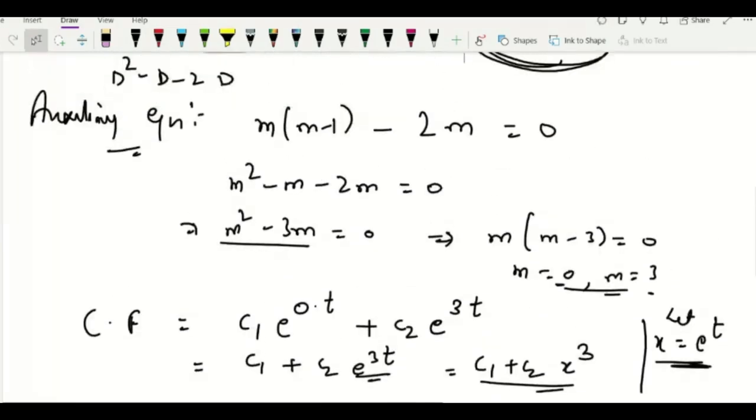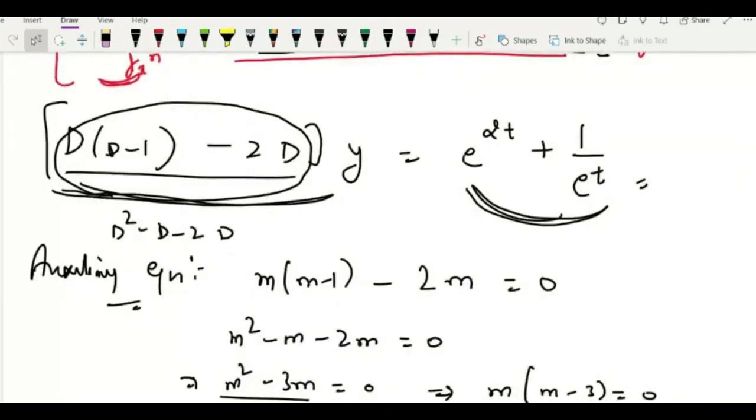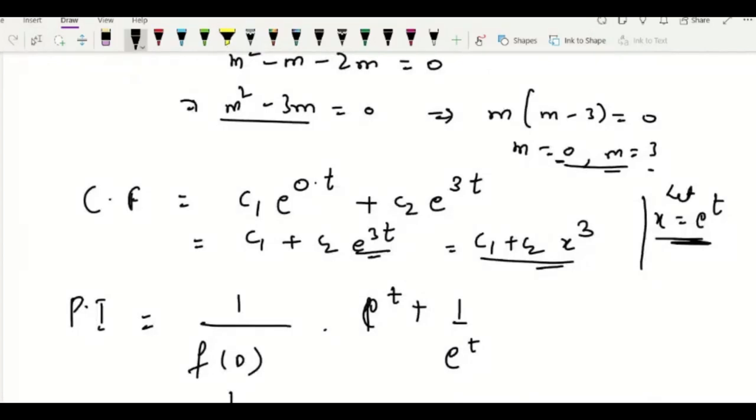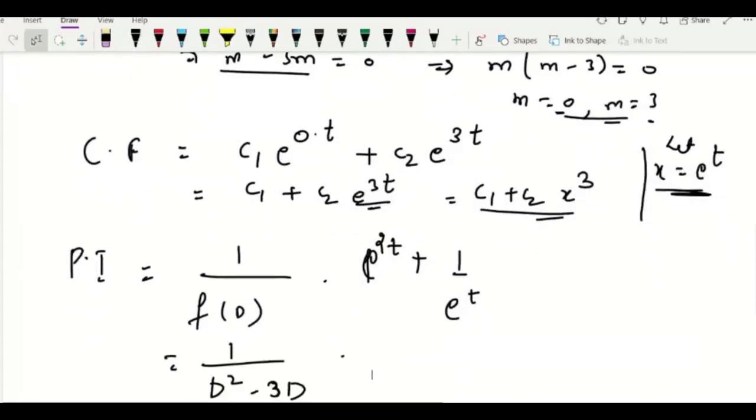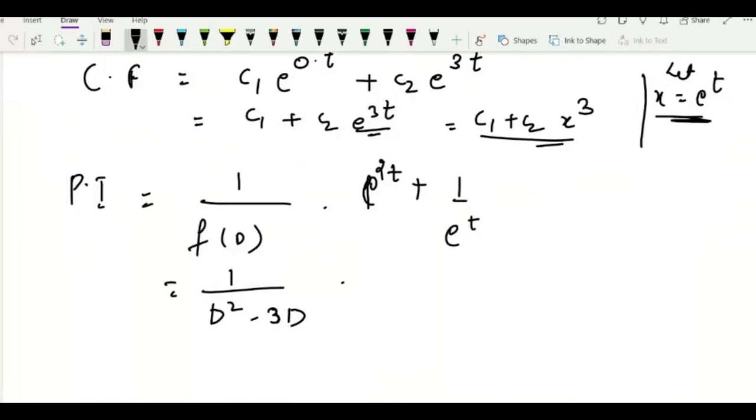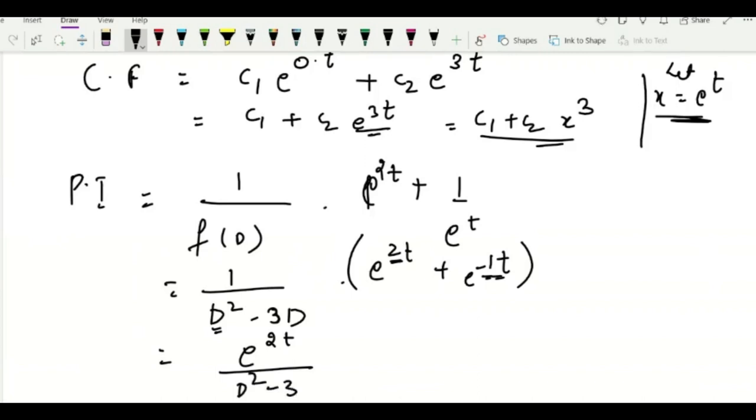And in this, we have the method: just replace D by 2 in one term and in the other D by minus 1. Separate it out: e raised to power 2t upon D square minus 3D plus e raised to power minus t upon D square minus 3D.